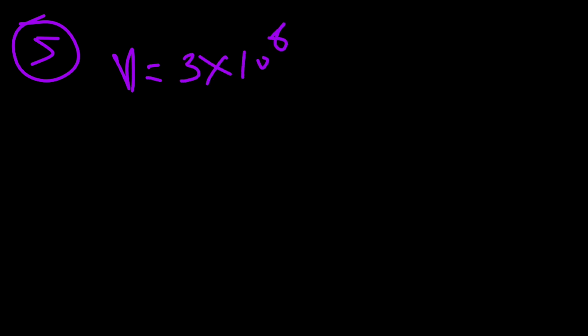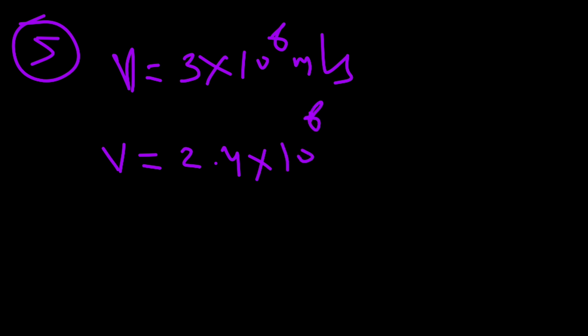So next, see one more question. The speed of light in air is 3 into 10 power 8 meter per second. The speed of light in a particular liquid is 2.4 into 10 power 8. Find the refractive index of the liquid.